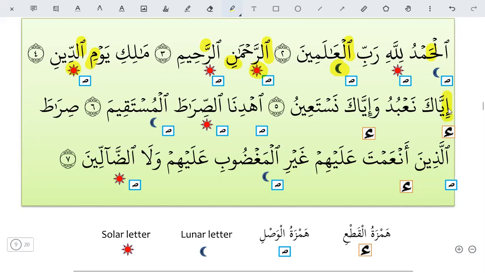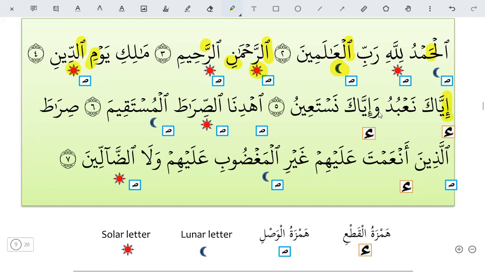So we must skip this alif. Sorry, we cannot skip this alif. We will pronounce this alif. Iyyaka. This is in the beginning of the sentence, but we are pronouncing it.